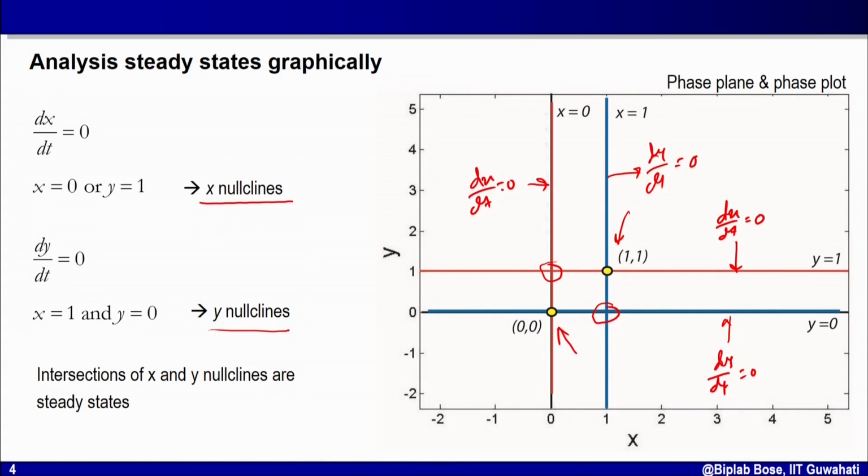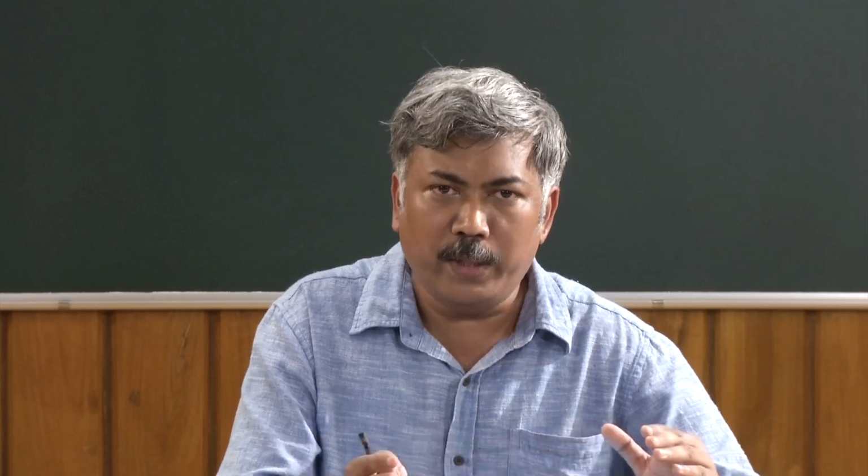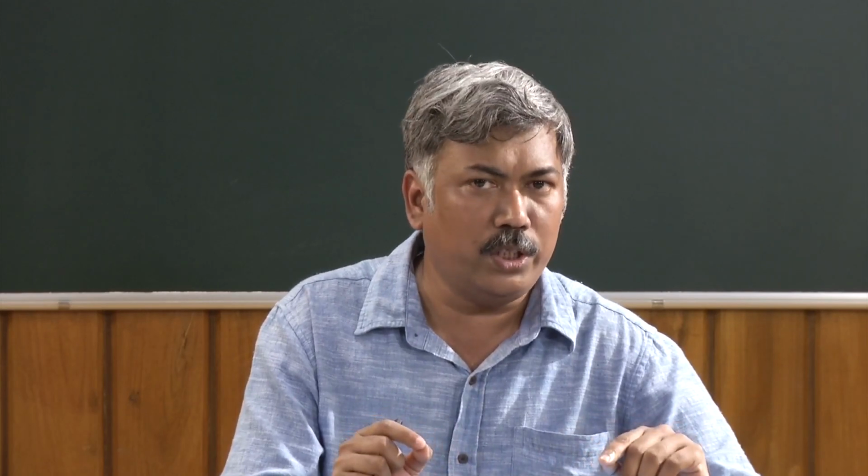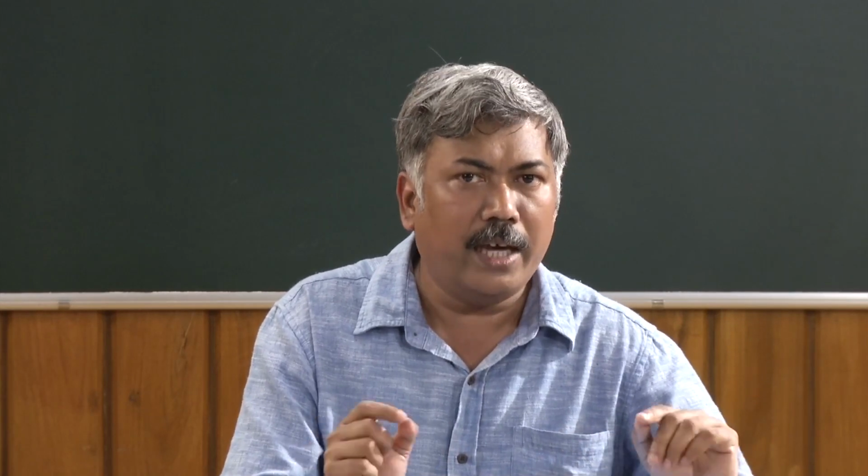So just plotting these null lines on the phase plane and looking for intersection points, we can identify how many steady states are there. So if I have two dependent variables, I can plot them in a phase plane, and then I can put each of their derivatives equal to 0 and draw the null lines, and try to look for the intersection points.